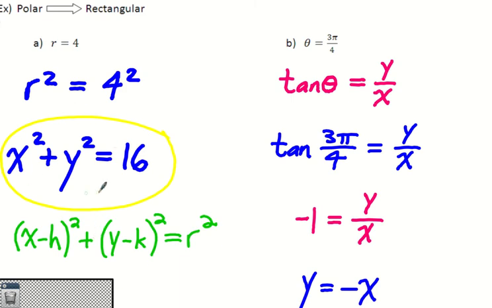So because this is technically in this form, I like this a lot. Here, technically your h value is 0, and your k value is also 0, and your r value is 4, but this is technically in circle form.